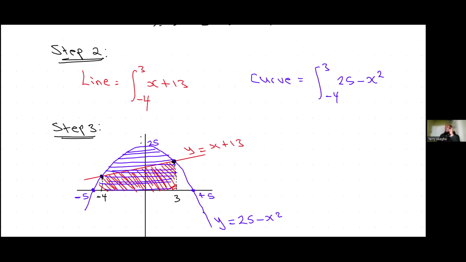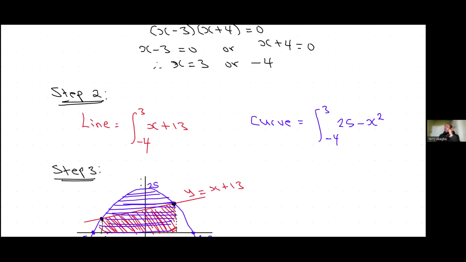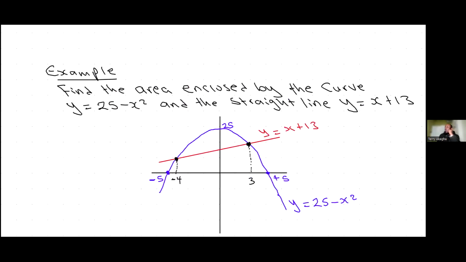Are you seeing it? But the question is asking you the area bounded by both of them. So we're only interested in this place here. We're looking for the area enclosed by the curve and the straight line. So we're looking for this part here. Okay?